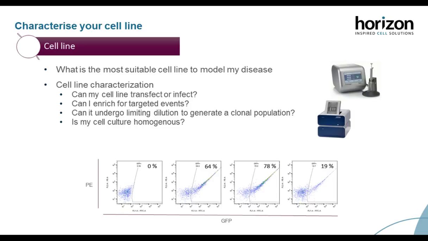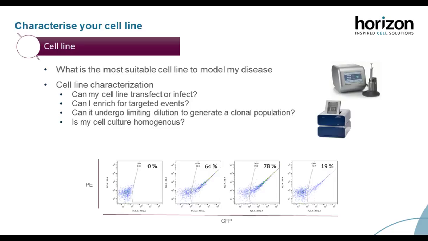The next question you have to ask about your cell line is, can my cells undergo limiting dilution? And should I allow my cells time to recover from selection and from this rough cell sorting before I apply this additional stress to them? We usually test a couple of different limiting dilution techniques in our cells.